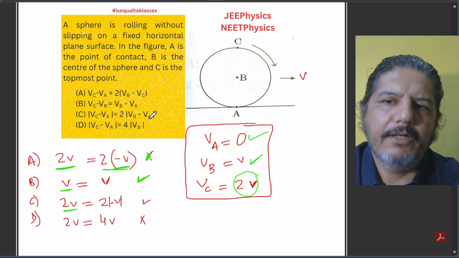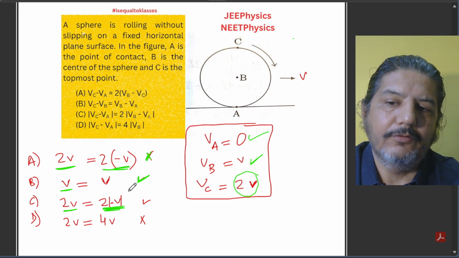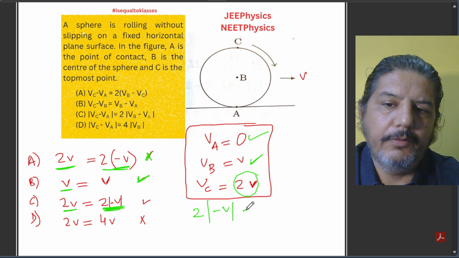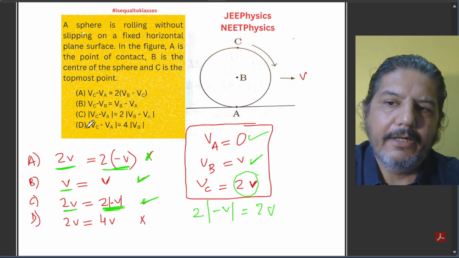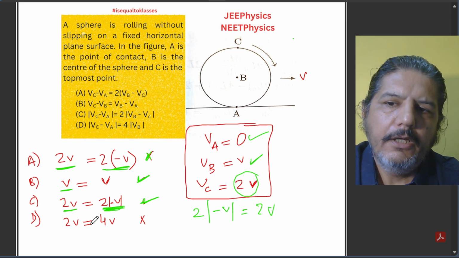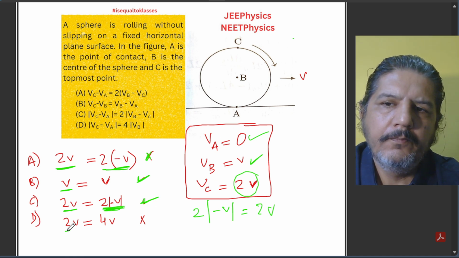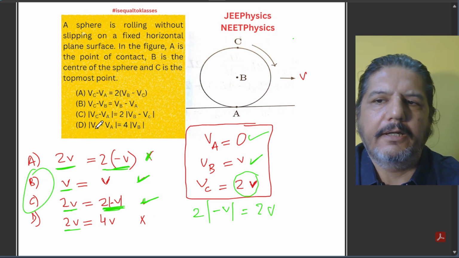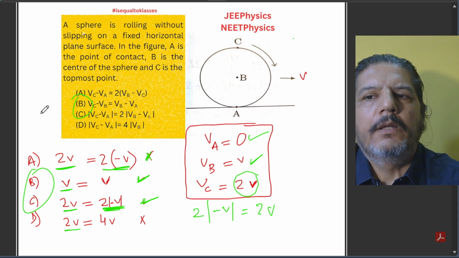And twice of modulus VB minus VC: they have put a modulus sign, so twice of modulus minus V would be equal to 2V. So this is also correct. And if we look at D, VC minus VA is 2V and 4 times VB is 4V. So this is incorrect. So our correct answer is B and C.